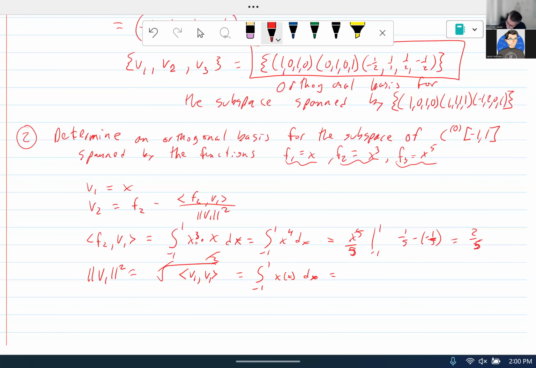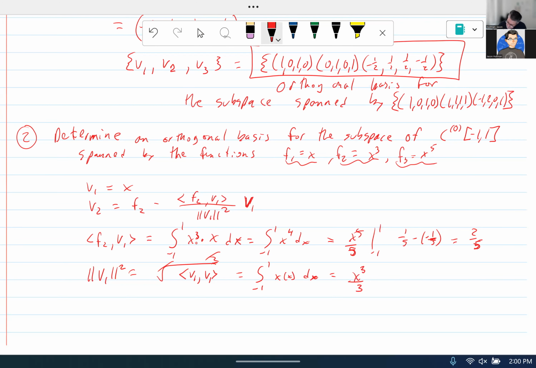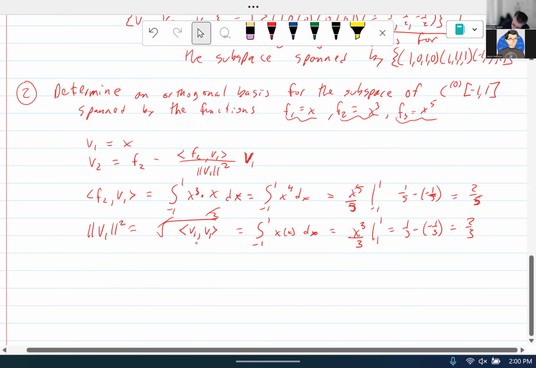That is x cubed over 3 from -1 to 1. This is going to do the same thing. 1/3 minus -1/3 is equal to 2/3. Now we can figure out what v2 is.